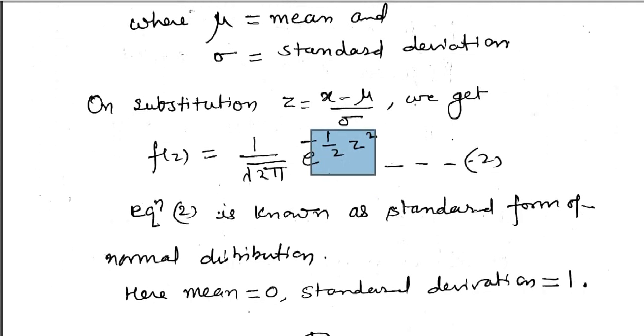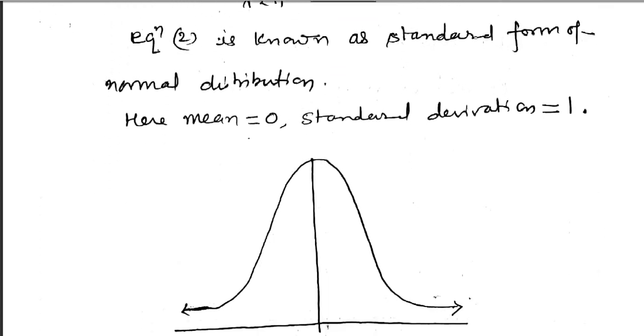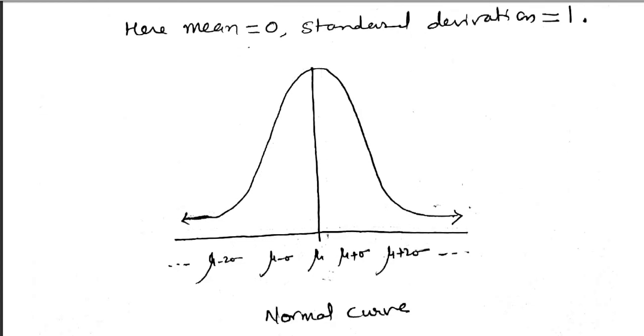This equation 2 is known as the standard form of normal distribution. It is important here: if we are taking mean 0 and standard deviation 1, this curve is known as the normal curve.